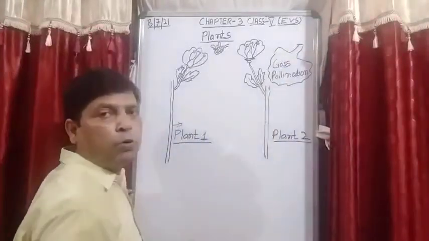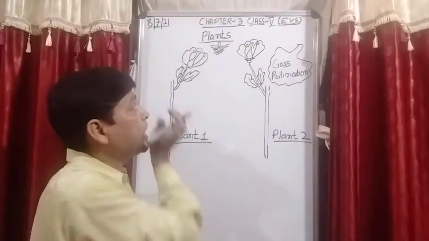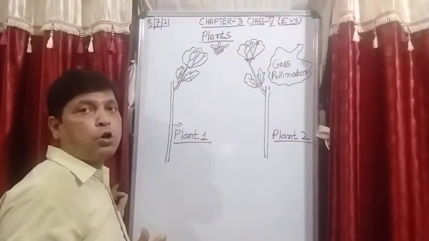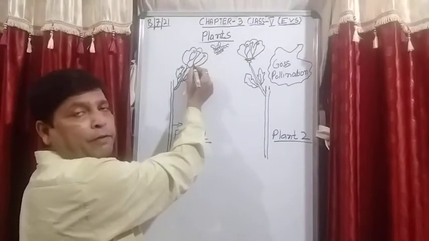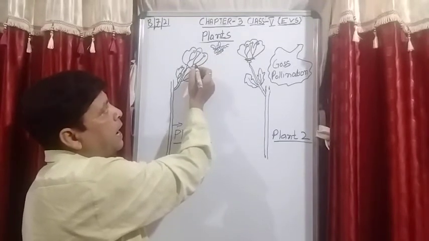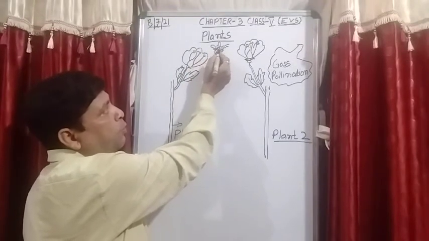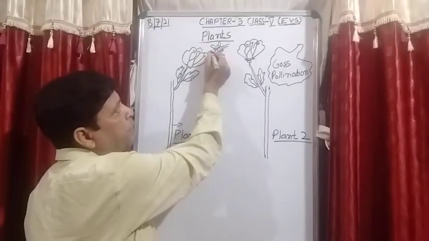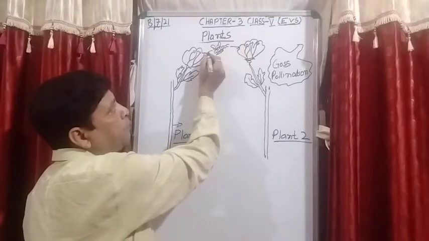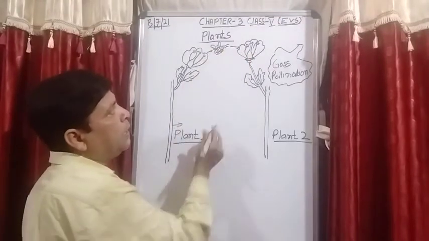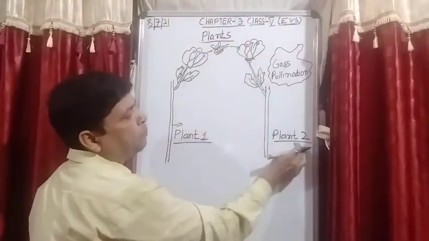Okay, now with the help of the diagram I explain cross pollination. This bee sits on this flower for the nectar, and pollen sticks to the body of this bee. Now from here it moves to plant number 1, and from plant number 1 the bee moves to plant number 2.